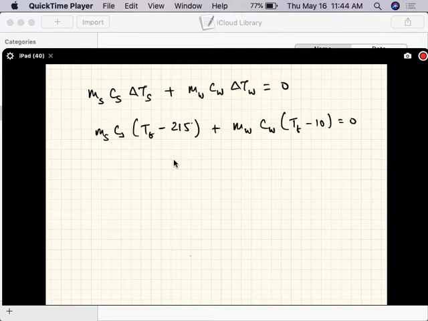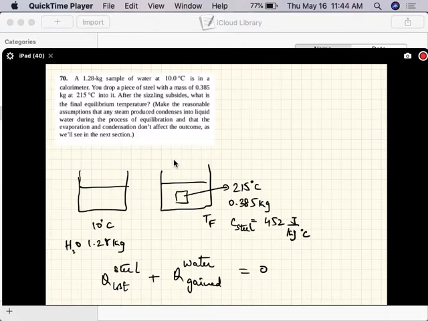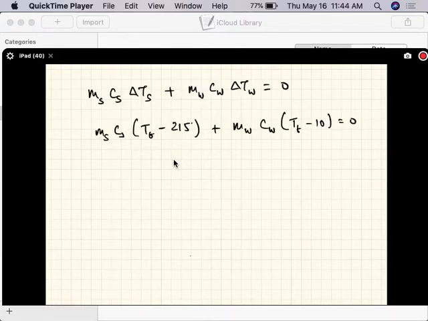Okay, the reason I wrote it like this is what we're solving for is TF. And we'll bring these terms to the right.